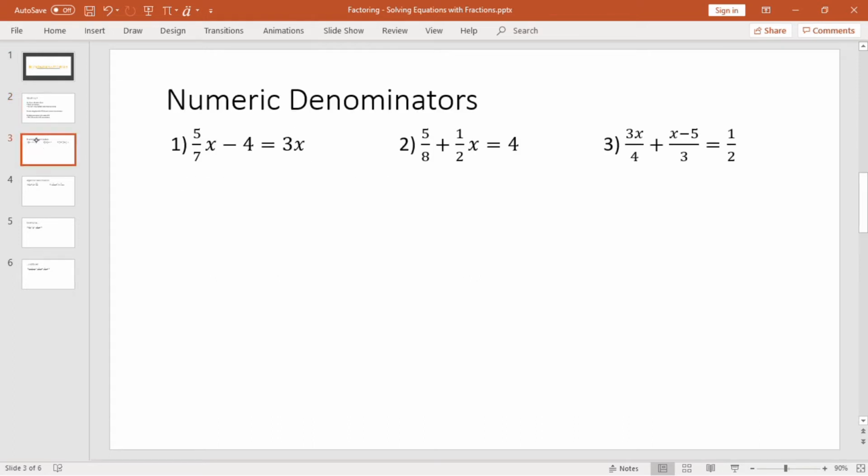So looking at number 1, I see one fraction. And yes, you could just make 3 over x as a fraction, 3x into 21 over 7, but this is just a quick way to do it. So I know that my lowest common denominator in this situation is 7. So essentially what I'm doing is I'm taking each term and multiplying it by 7.